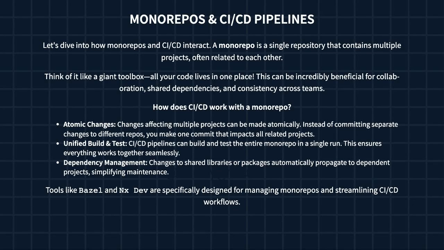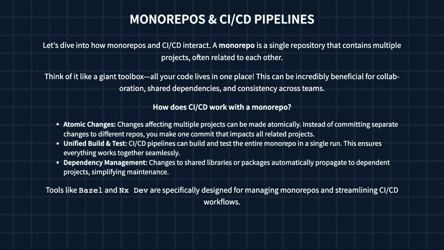Okay, let's talk about monorepos. Essentially, they're a single repository housing multiple projects. Think of it as one giant toolbox for your code. This is really useful when you have several related applications or libraries because it simplifies collaboration and ensures consistency across teams. Now, how does CI/CD fit in?